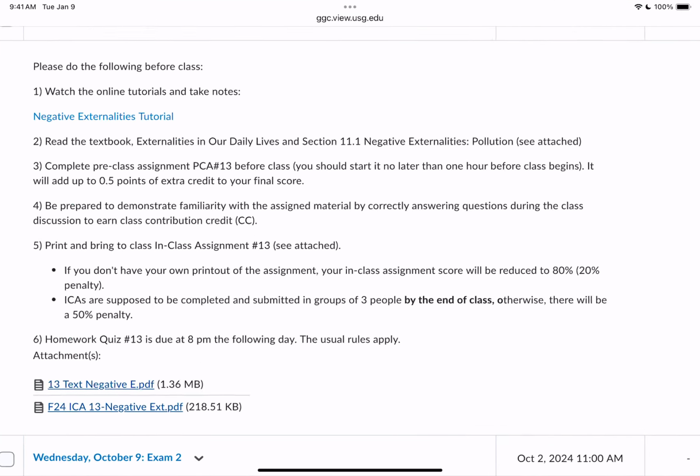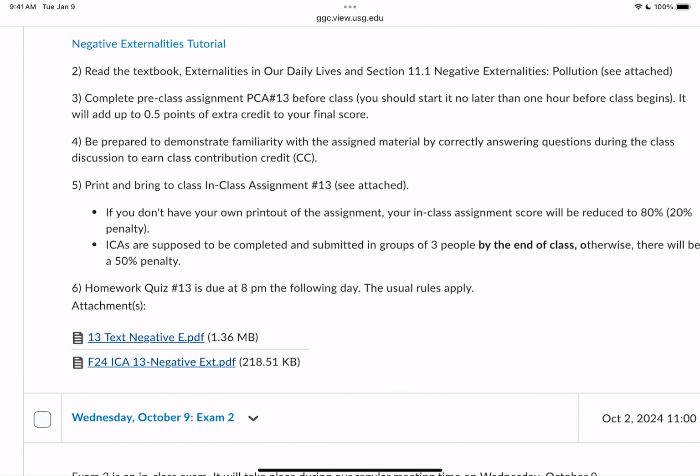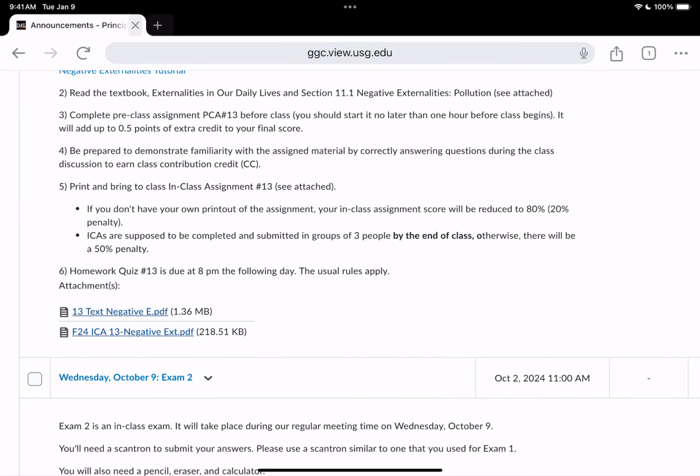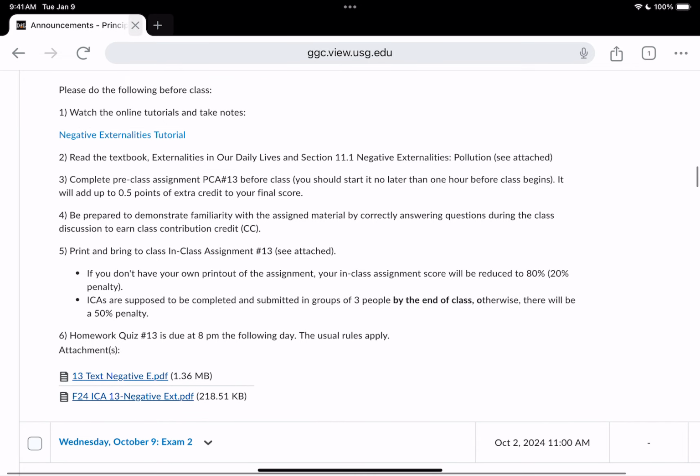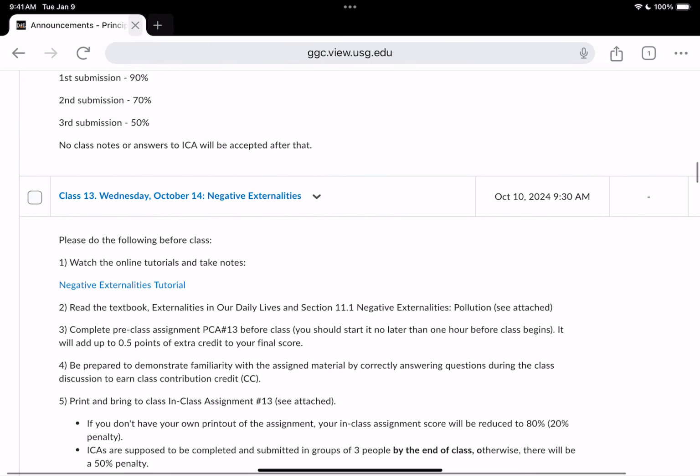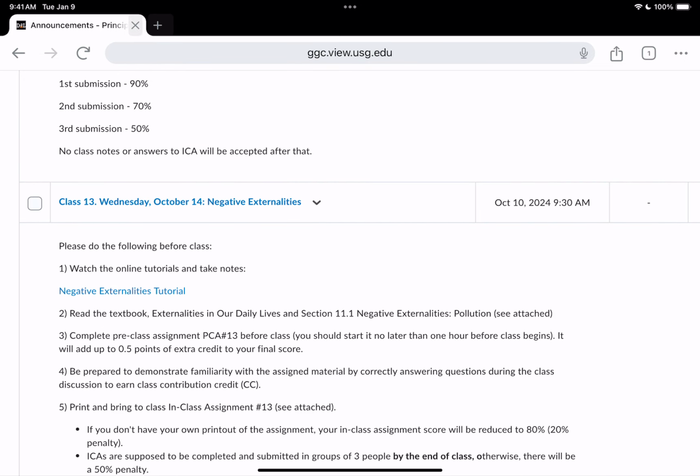And one of the very important things here are the in-class assignments. So definitely go over your in-class assignments, make sure you understand how everything works, and make sure you'll be able to solve problems of this sort really well, because I can tell you one thing: you'll see questions and problems that are similar to in-class assignments.